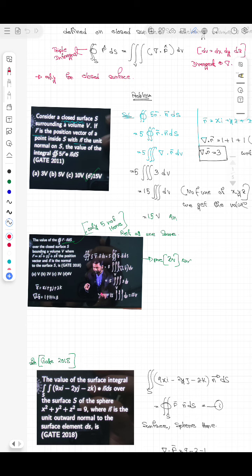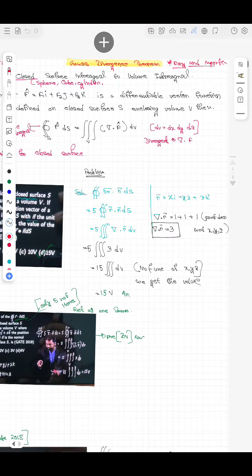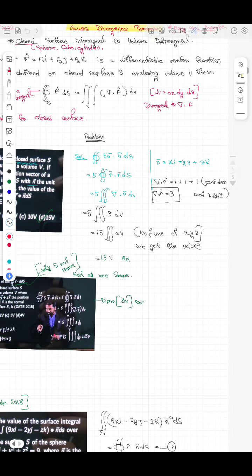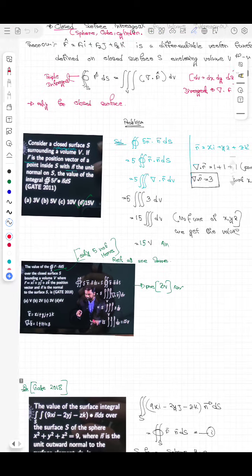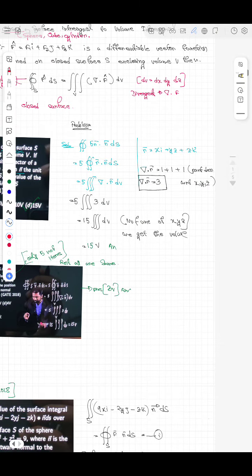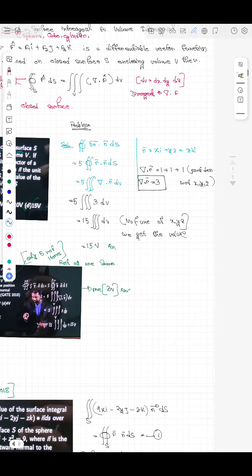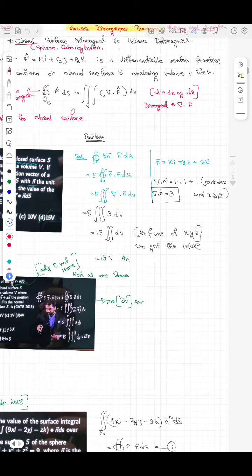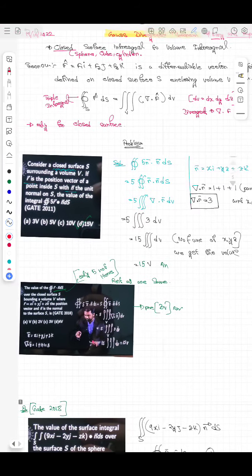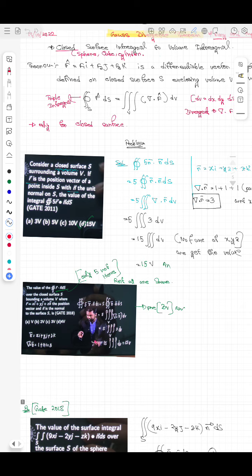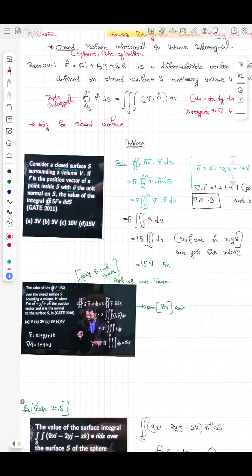So we know F equal to 5r, and the integral equals the integral of del dot F. Here r equal to xi plus yj plus zk, as we can see, and del dot r we can take as 1 plus 1 plus 1, simple differentiation, so del dot r equal to 3. Okay, r dot n dS, how is it coming? Simply 5r dot n dS. So from here it is coming as r dot n bar into dS, and 5 goes out.